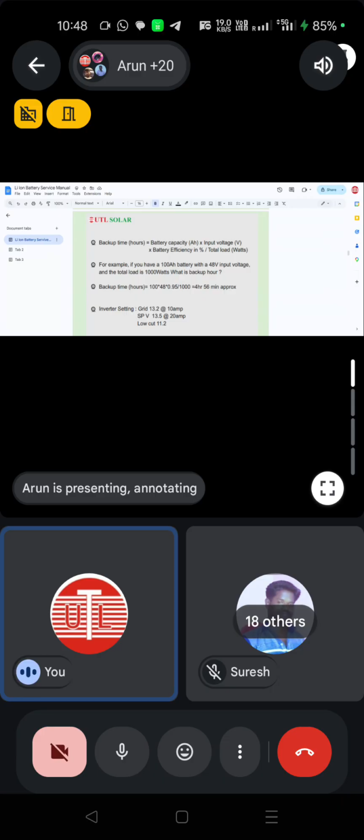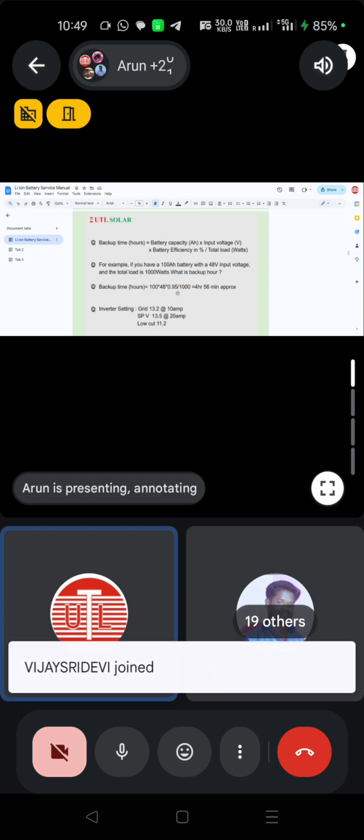I am just asking you with the help of an example. If you have a 100 Ah battery and battery voltage is 48 volt and total load is 1000 watt, then if anyone asks, please tell me the backup hour. So you can put the data in the formula. Battery Ah is 100 into 48 volt is battery voltage, and I have already told you the battery efficiency 0.95 upon wattage 1000 watt.